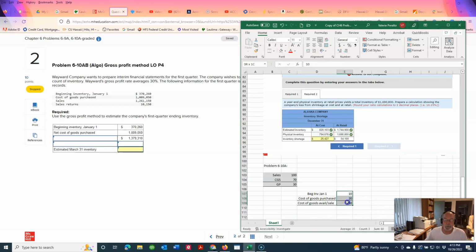So let's take these numbers out. Our beginning inventory is $370,260, and the net cost of goods purchased is $1,009,050.